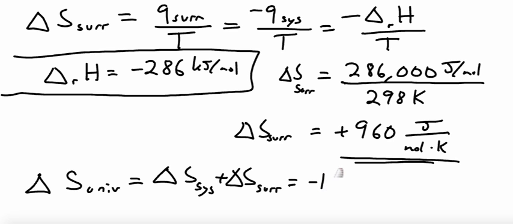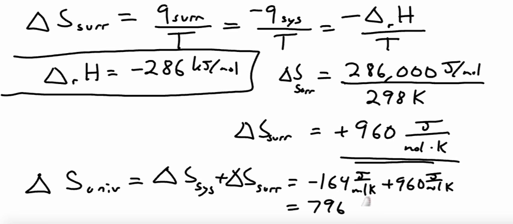So that was a negative 164 joules per mole per Kelvin, a positive 960 joules per mole per Kelvin. And we can see that that equals 796 joules per mole per Kelvin. So definitely a positive number.